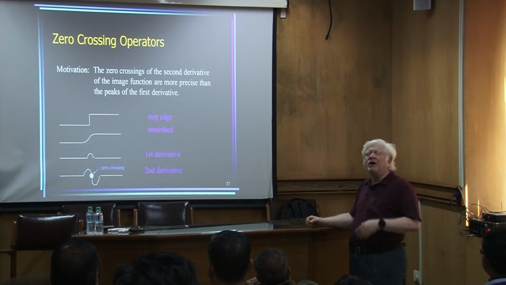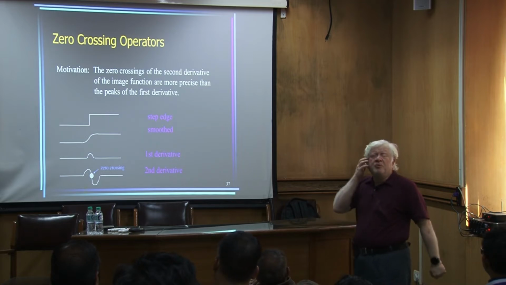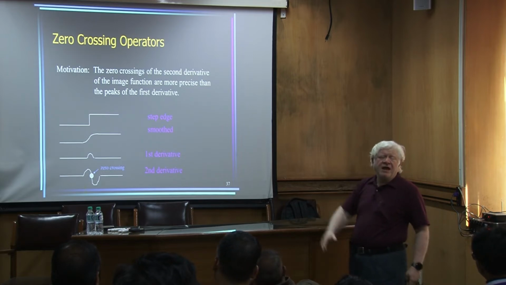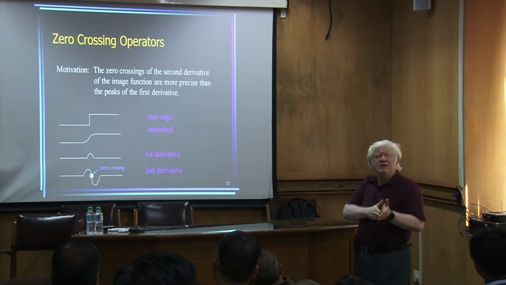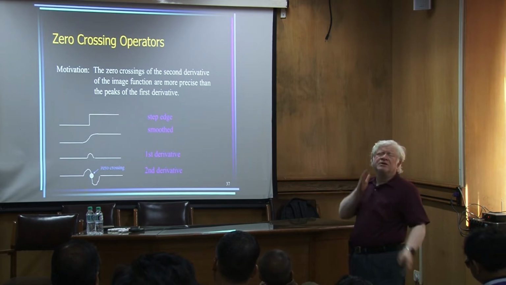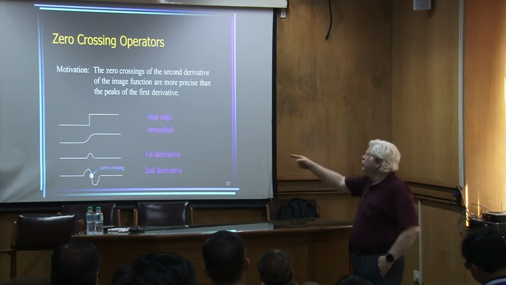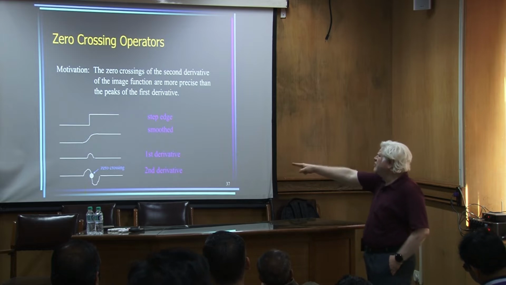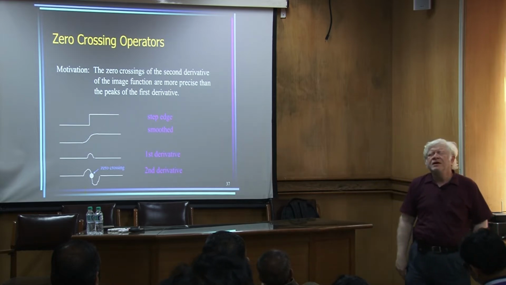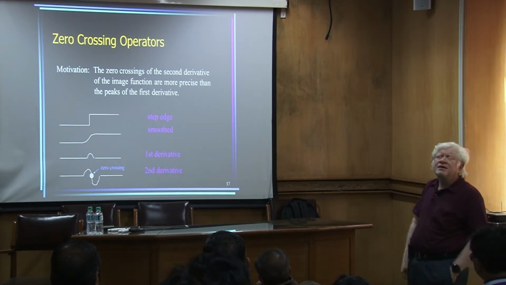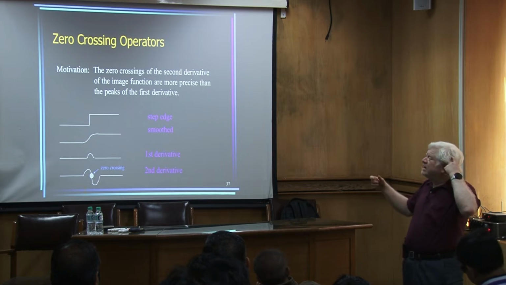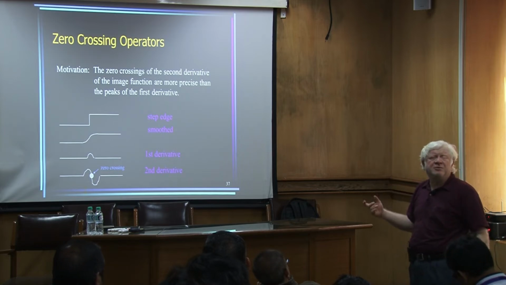But we only want a real abrupt change to be reported as an edge, as a point of takeoff from one region to another region. So, as I said, we take the second derivative and take the peak of the second derivative. That gives us the point where the abruptness of the change, or the gradient maximum, is found.